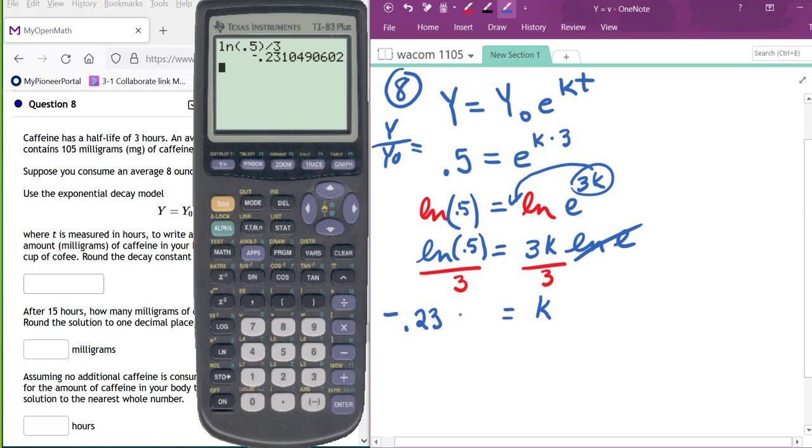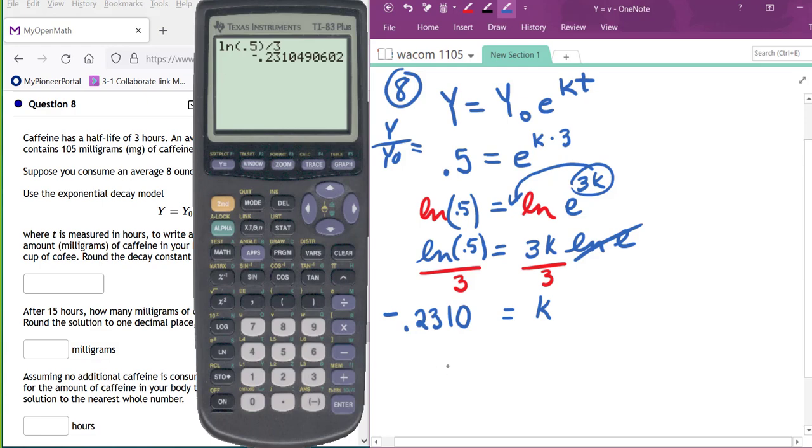So our caffeine is disappearing. And they ask us to go to 4 significant figures, I believe. This one did not start with a 0, so we're going to be okay here. The 4 would not push us up, so we'll use negative 0.2310 for our k. And now they want us to write our model.